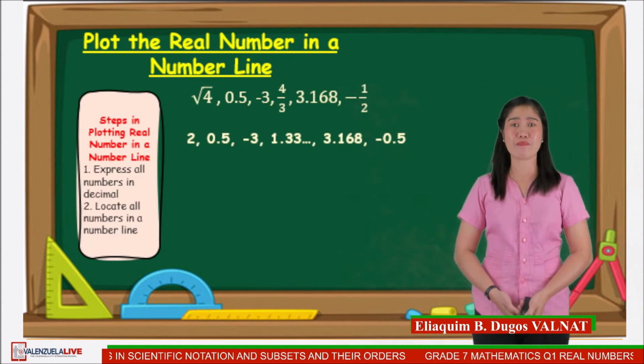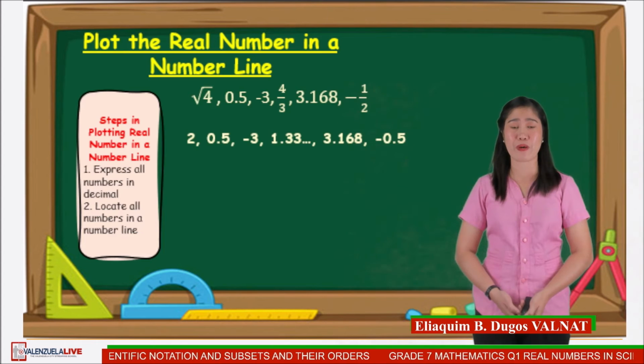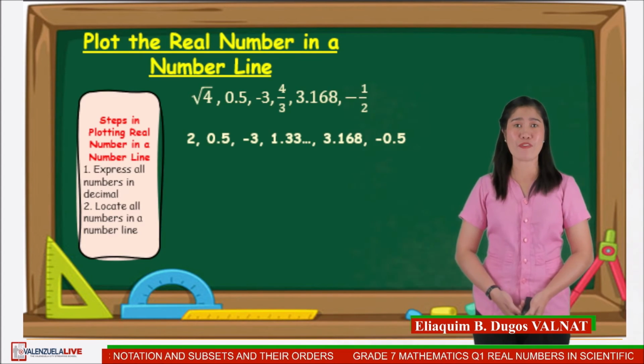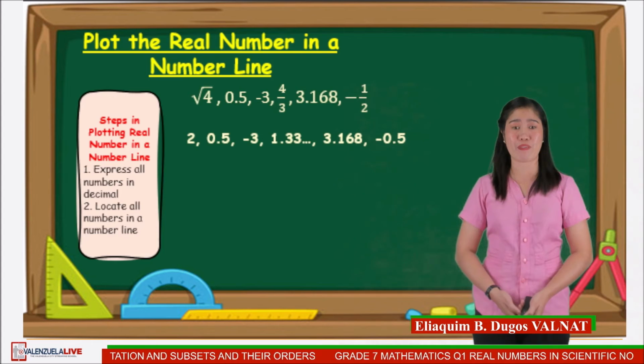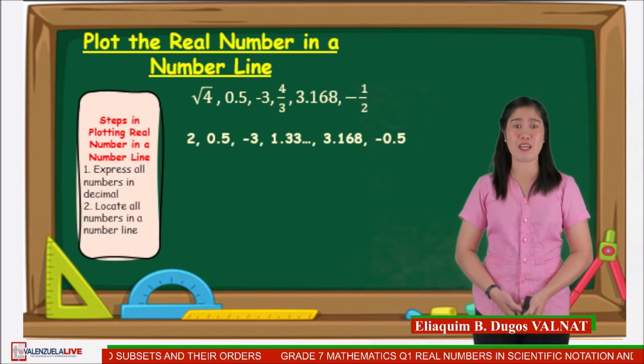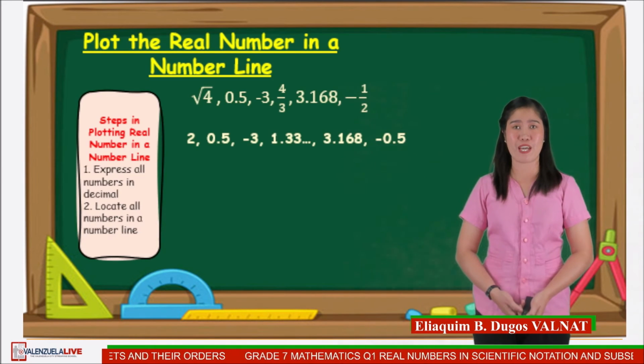Square root of 4, that is 2. 0.5, still 0.5. Negative 3, same. 4 over 3, that is 1.33 repeating decimal. 3.168 is already in decimal. And negative 1/2, that is negative 0.5.